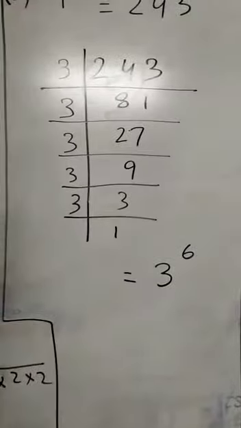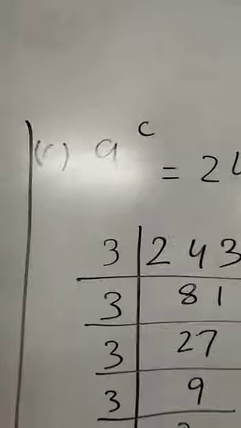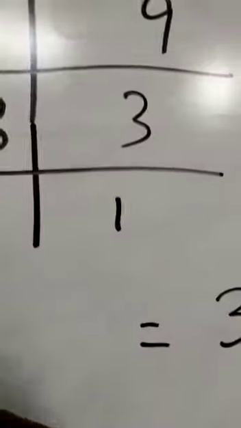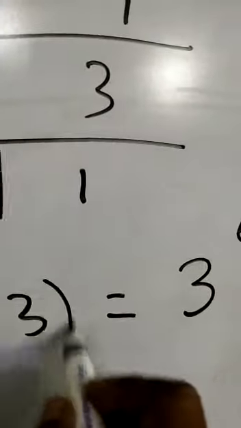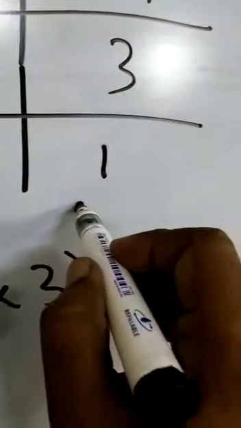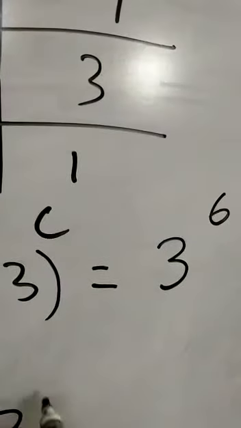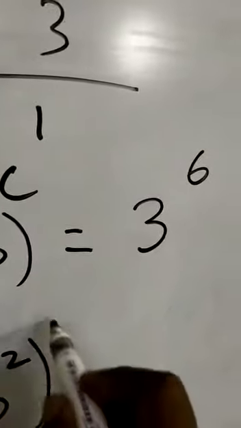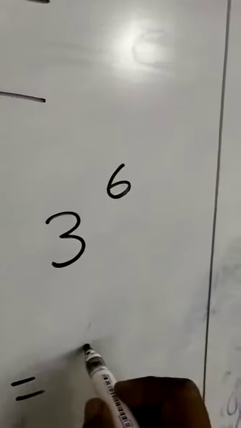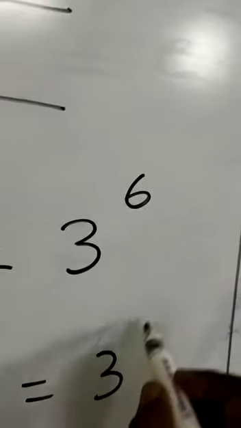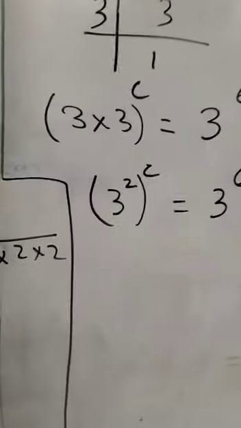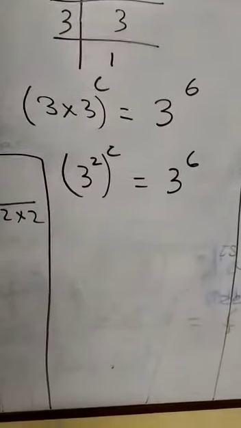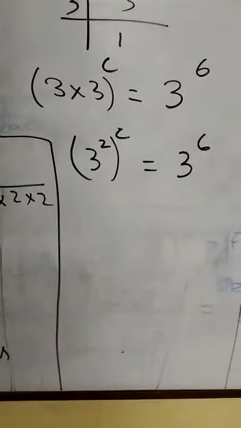Okay, now this is 9. So 9 is actually 3 into 3. So this will become 3 to the power 2, and c is outside. So over here we have to open the bracket first.